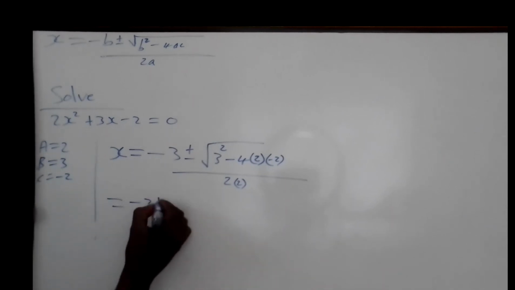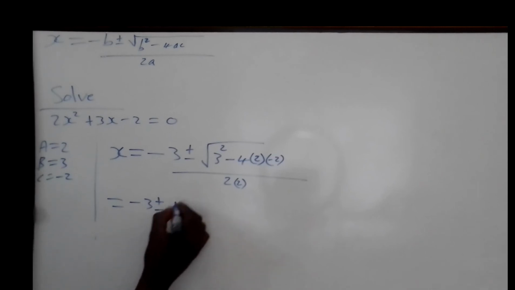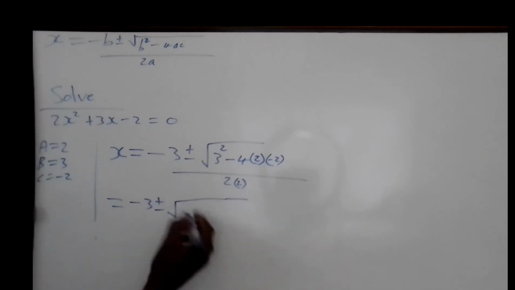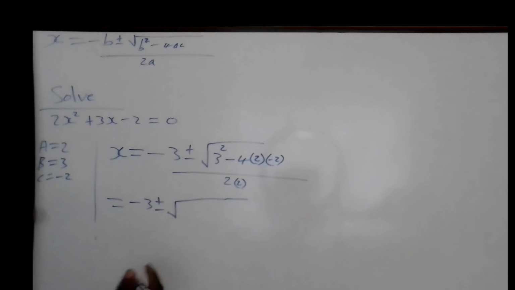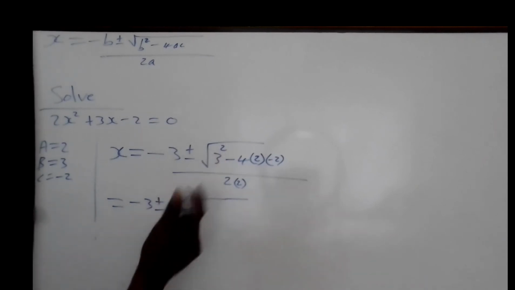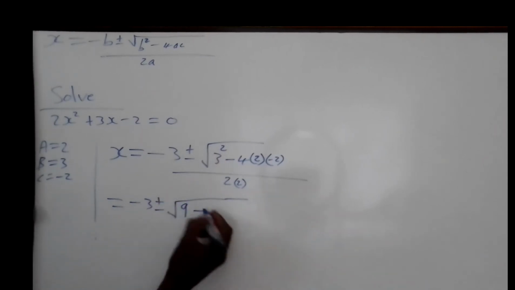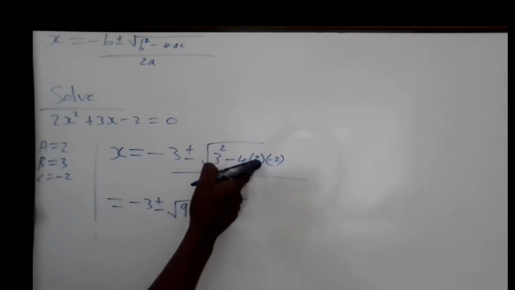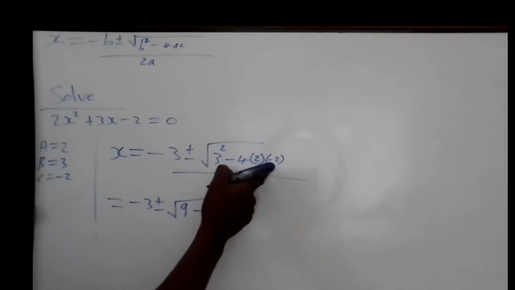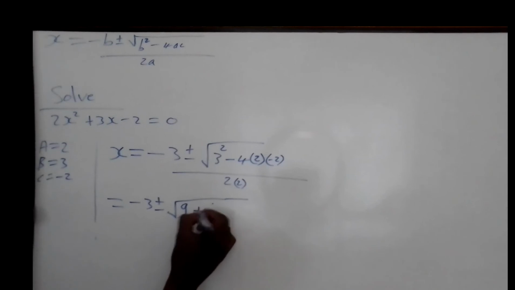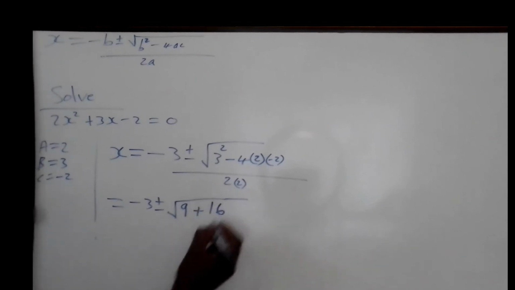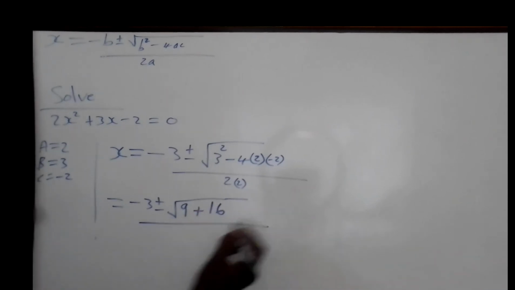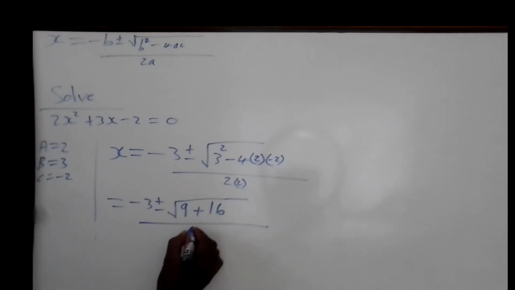negative 3 plus minus square root. When you square 3, we get 9 minus negative 4 times 2 is negative 8 times negative 2 give us positive 16 all over 2 times 2 is 4 all over 4.